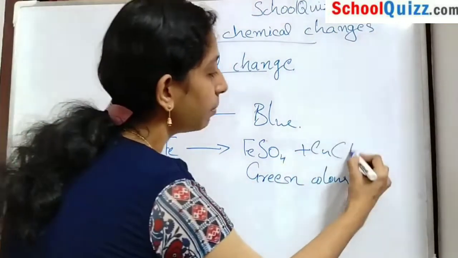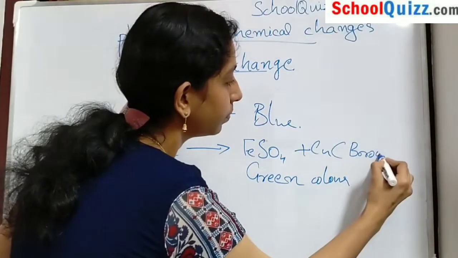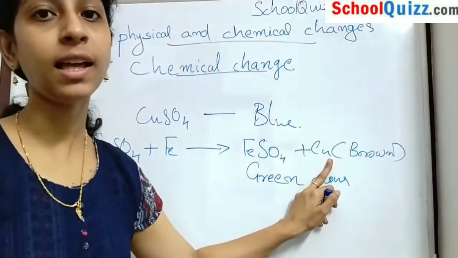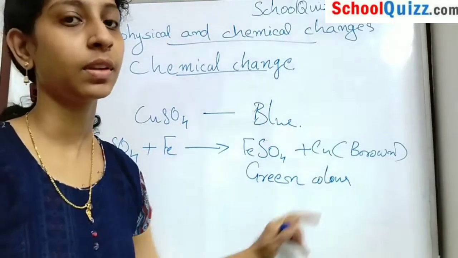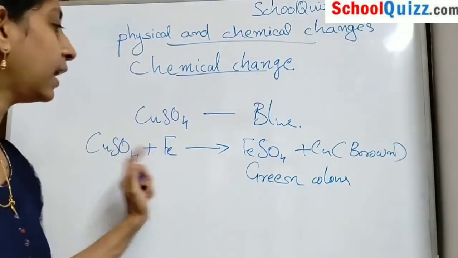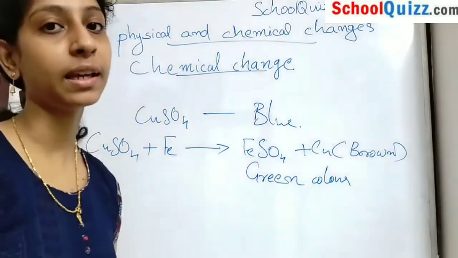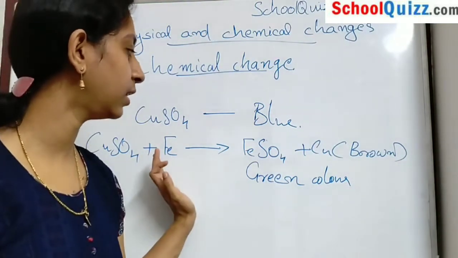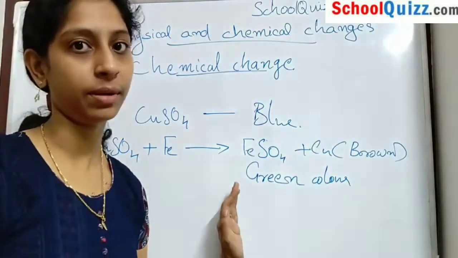The copper is brown in color and is deposited on the blade. Here also a chemical change takes place and new products are formed.